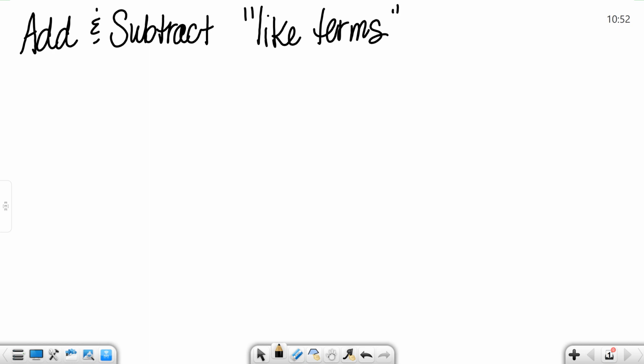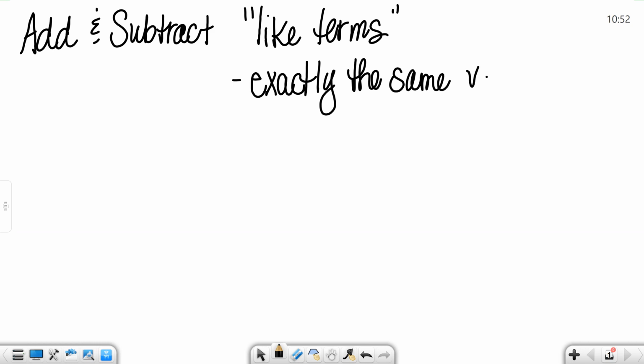And so in order for things to be considered like terms, they have to have exactly the same variables. All right, the other thing that they have to have is that those variables have to be raised to the same powers.